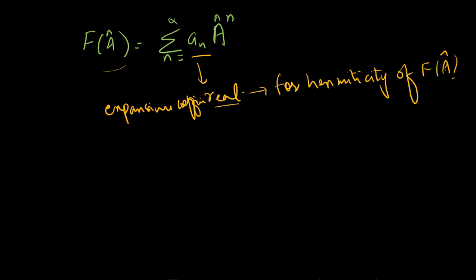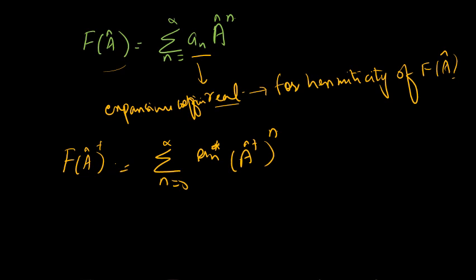Okay, so if the expansion coefficient is not real, we can write f of A transpose equal to the summation n equals 0 to infinity of a_n complex conjugate times A transpose power n. So in this case, f of A is not Hermitian.